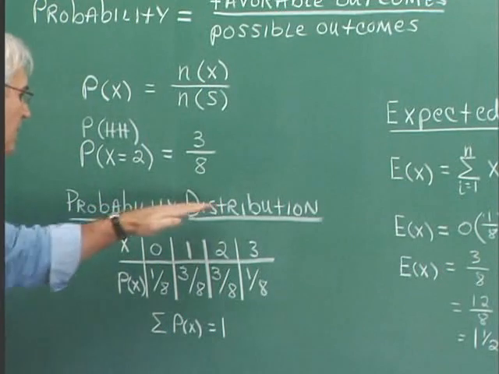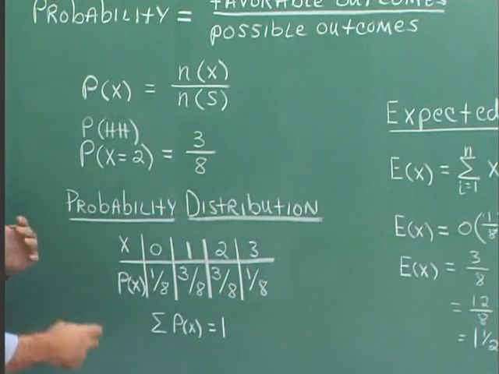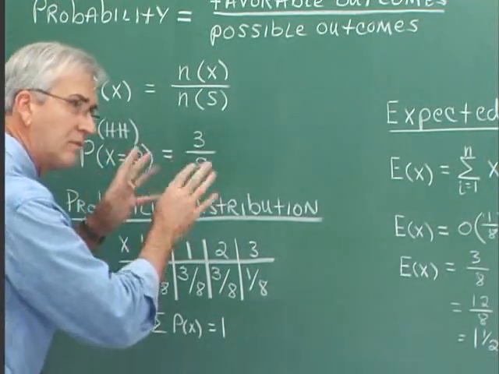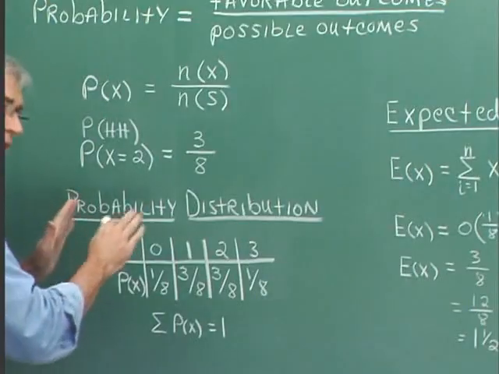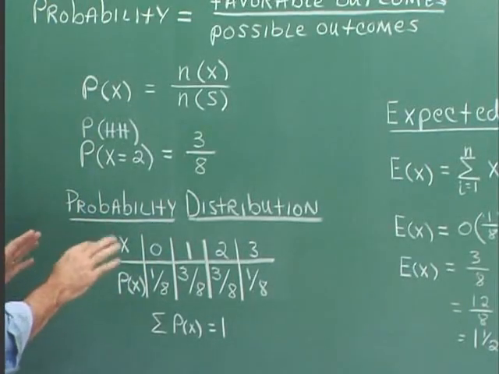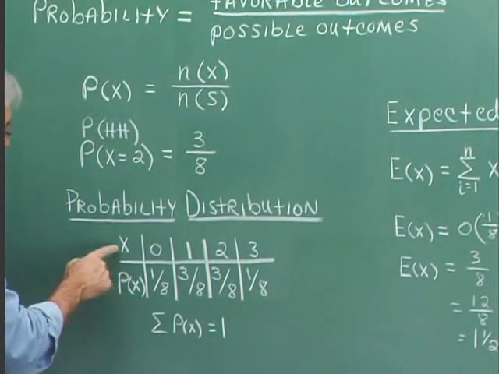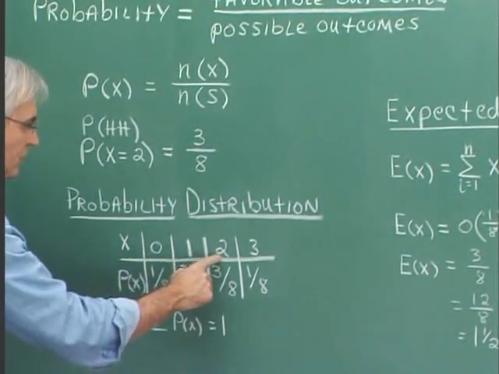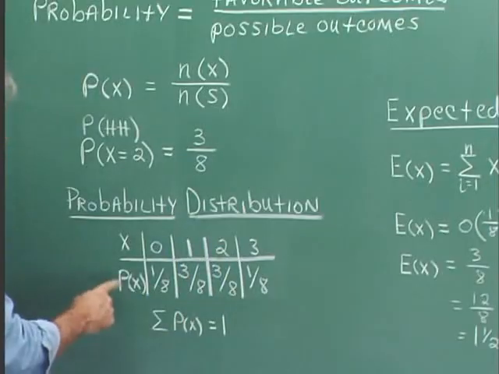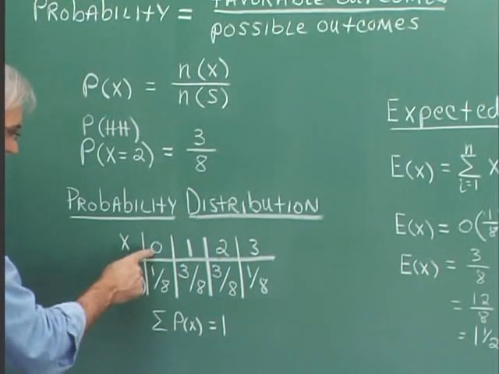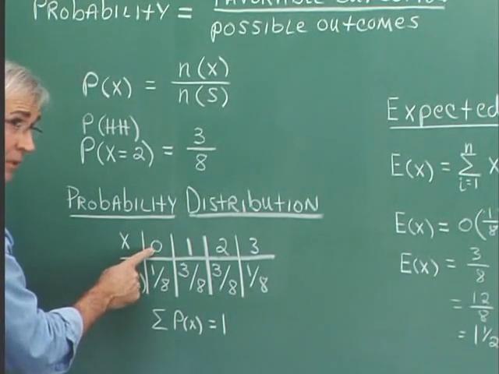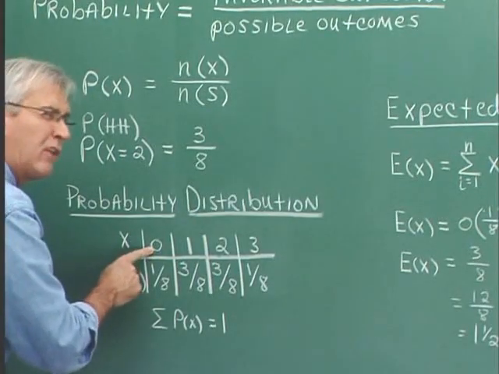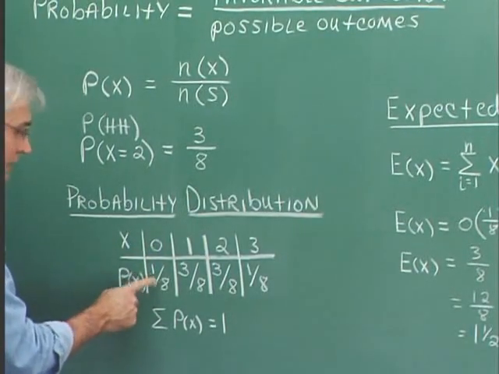Now, a probability distribution for the number of heads in our previous problems would go like this. X, the number of heads, could be 0, 1, 2, or 3. The probability of having 0 heads, that was the all-tails situation, there was only 1 of those out of 8.